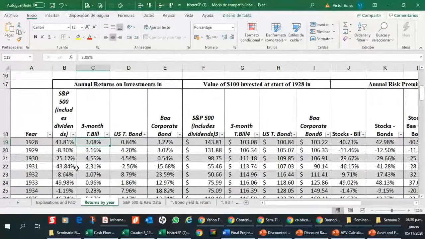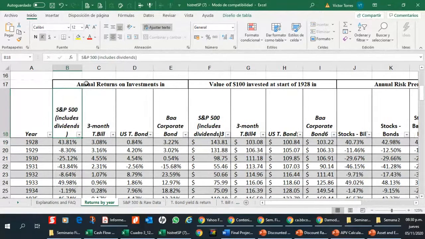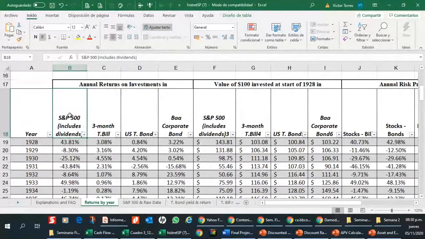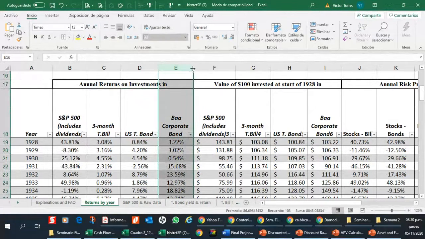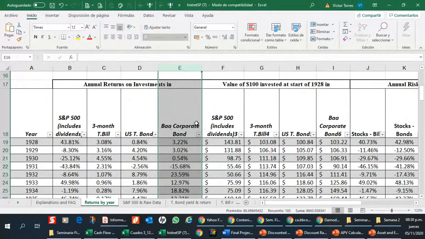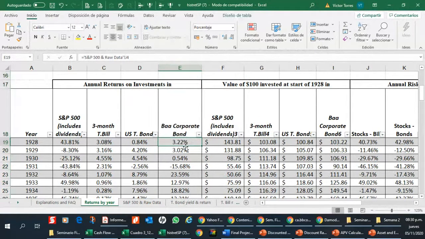He has the calculation of annual returns on investments in the S&P; realize that we are considering the same variable for the market portfolio. He does an estimation for the 3-month T-bill and the 10-year US Treasury bond. He has that information here, and he has recently added a corporate bond estimation as a way to calculate that.